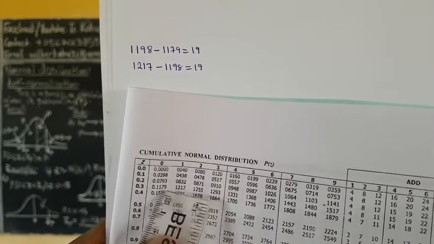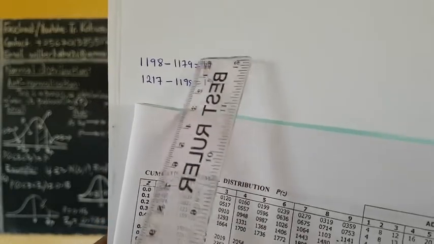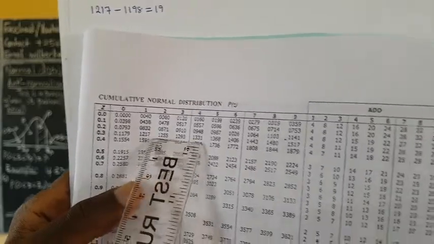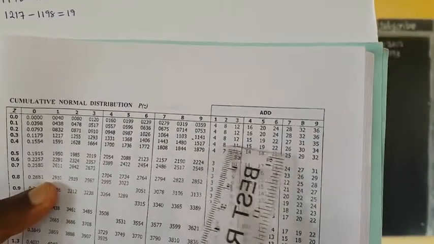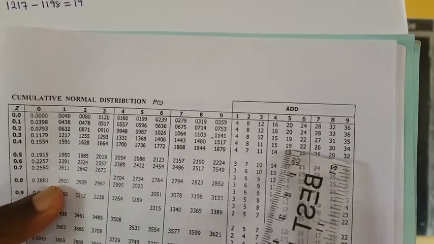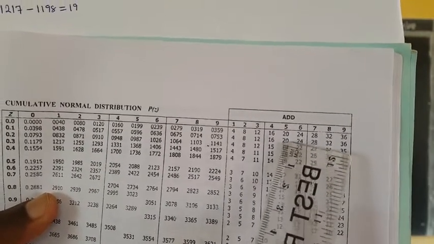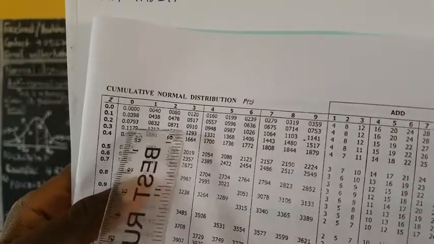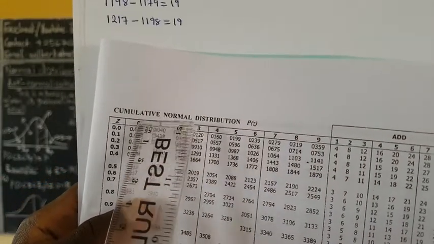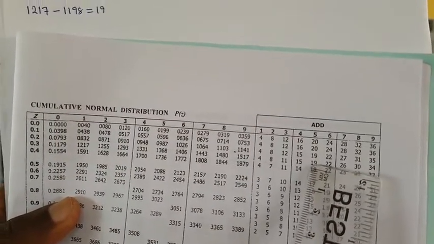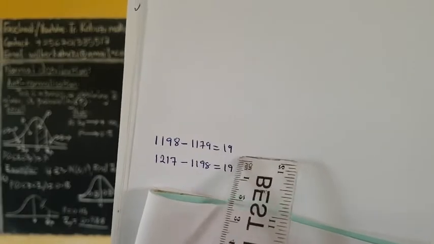So how many do we need to add? We need to add 19. When you add 19 to this, we'll get this. Now we come this side and add. We said that now we want to add 19. Which value is having 19? You said this is the value. Now it's under 5. So it's going to be 0.3 under 0, then we are adding under 5, which is the 19, the difference we got.